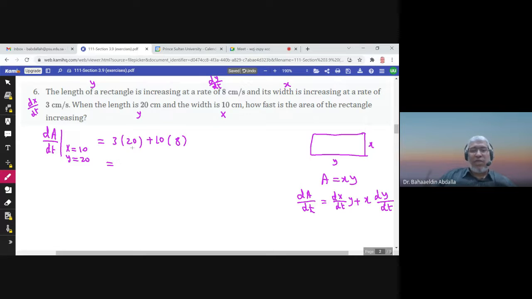So 60 plus 80 is just 140 centimeter square per second.